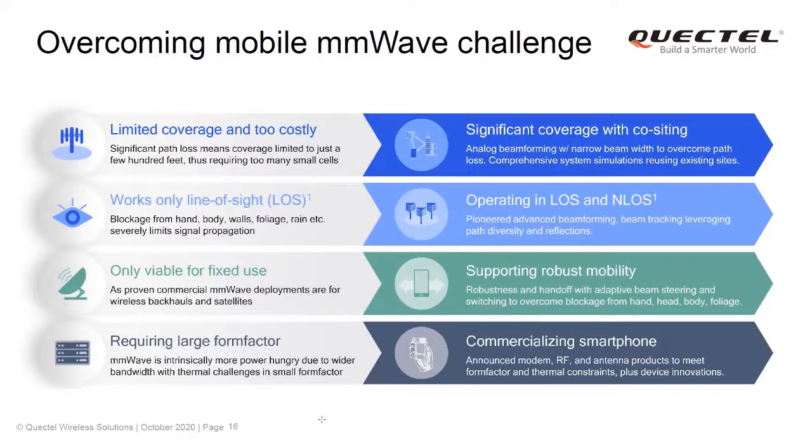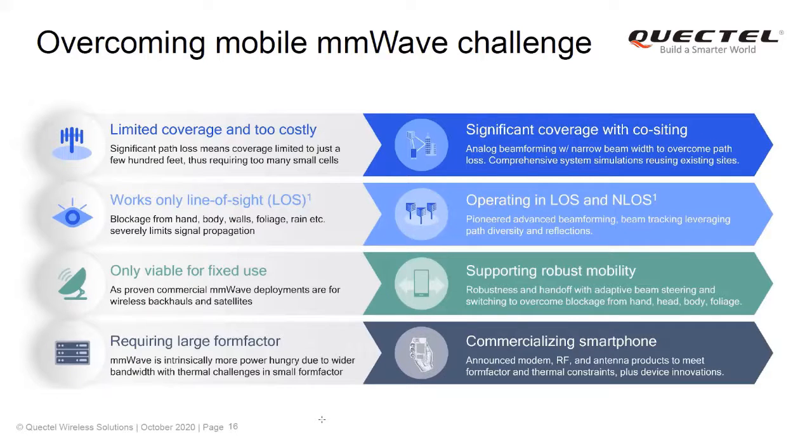They fixed this significant coverage issue with co-siting, which means analog beamforming, narrow beams to overcome path loss. So the signal is streamlined to beams where it's needed, not spread everywhere. The power is concentrated in more specific areas where the user is located.